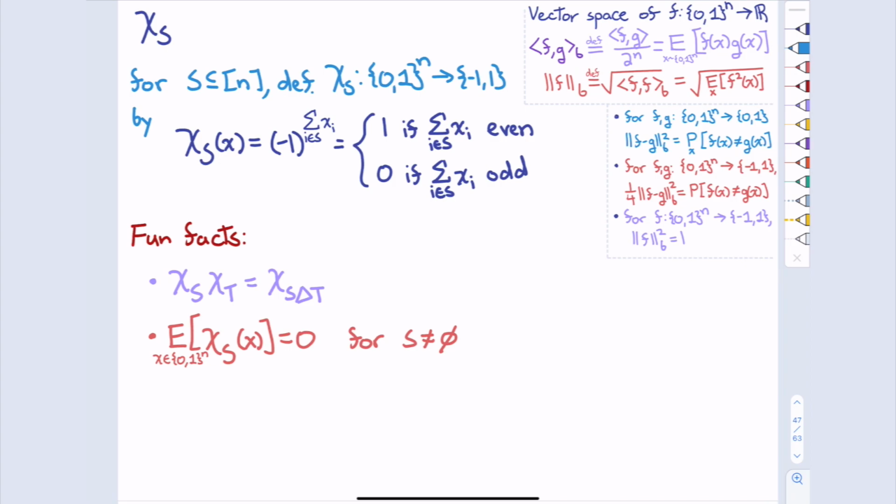Here's another fun fact. If you take the expected value over all inputs, so you just randomly take an input, the expected value of any of these things is 0 unless it's the empty set, because that will always be equal to 1. Anyone see this? This one's trickier.